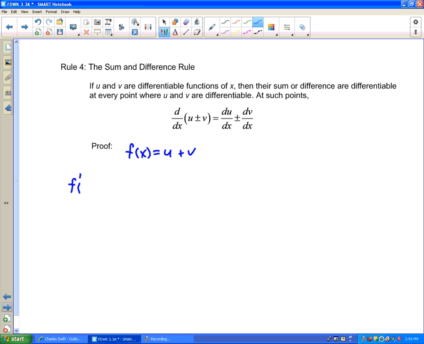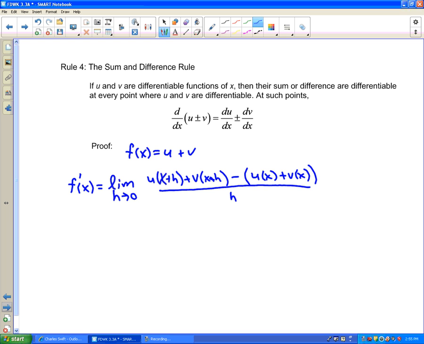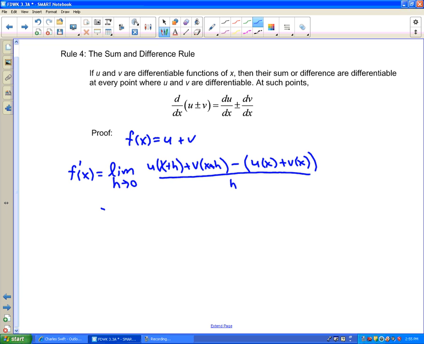So when we find the derivative of f, we're looking at the limit as h approaches 0 of u of x plus h plus v of x plus h minus u of x plus v of x, all over h. The limit continues.